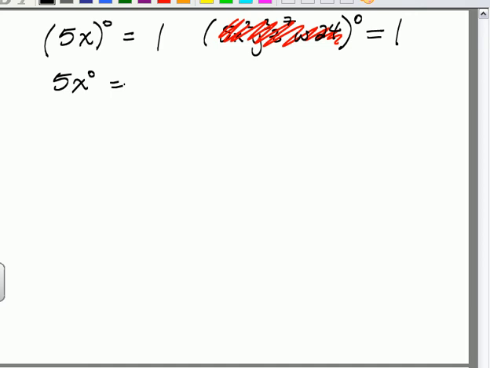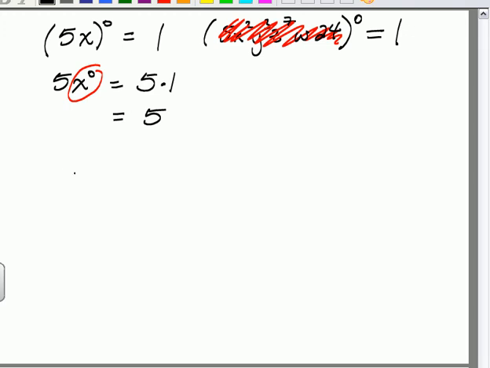They go, oh, it's equal to 1. It's not equal to 1, because who does that 0 exponent apply to? That 0 only applies, it's very exclusive, it only applies to the x. So what we've got here is 5 times x to the 0, and we can replace that x to the 0 with 1. So essentially what we have is 5 times 1, which is equal to 5.